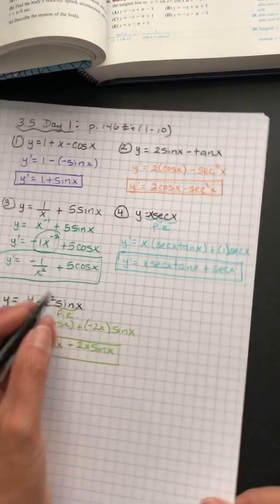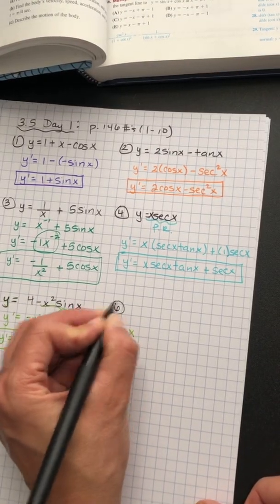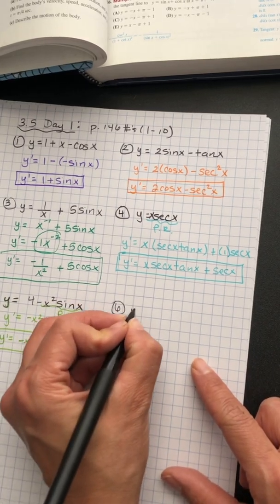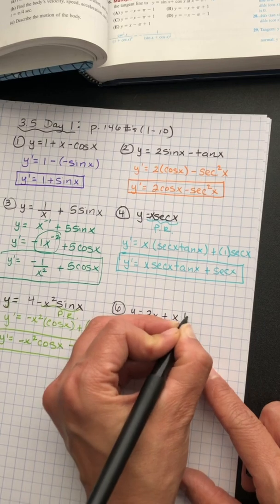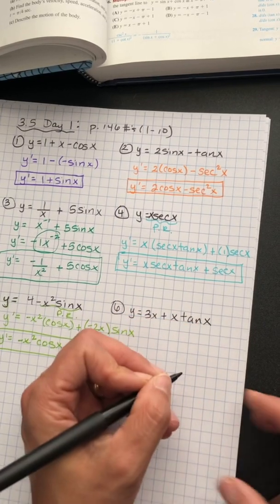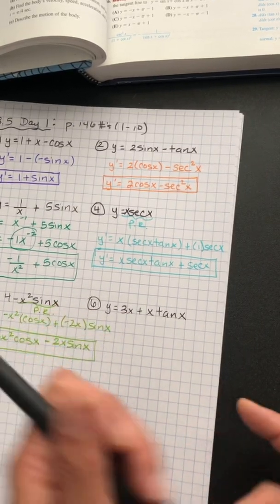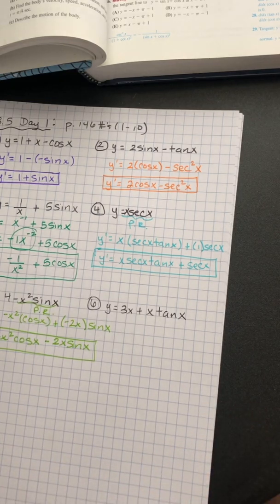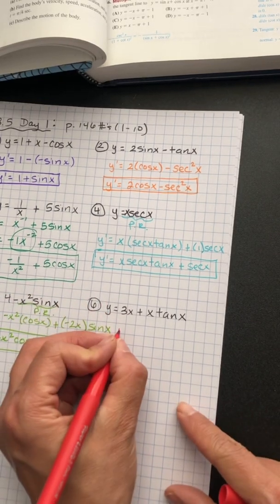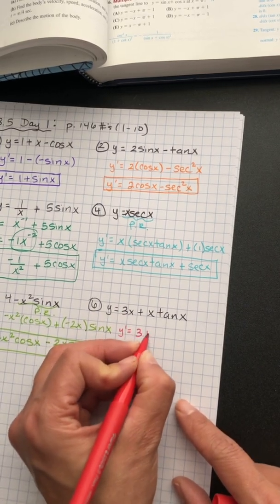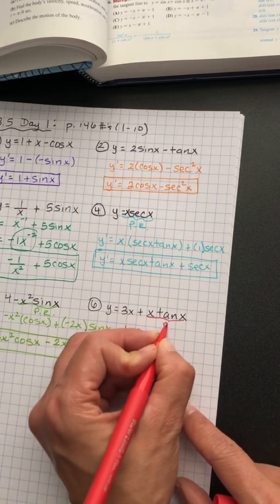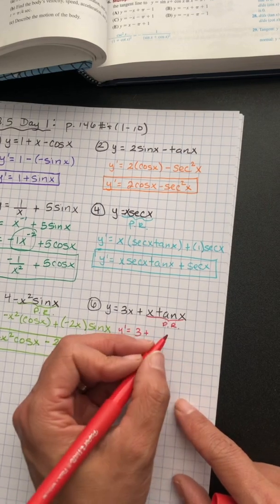Number 6 is y equals 3x plus x tangent x. Okay. So y prime equals, the derivative of 3x is 3, plus I'm going to have to use product rule on that one.